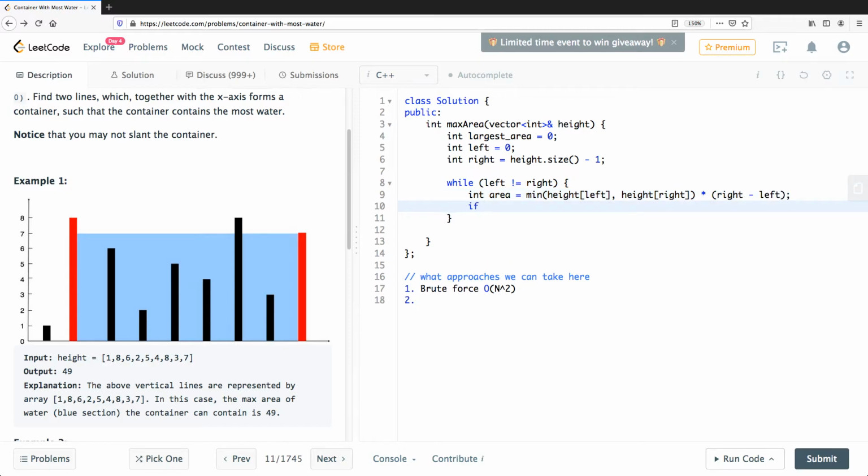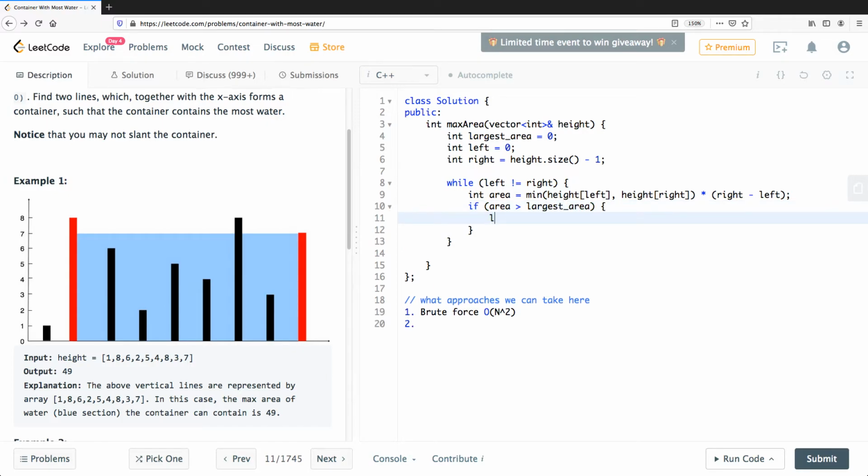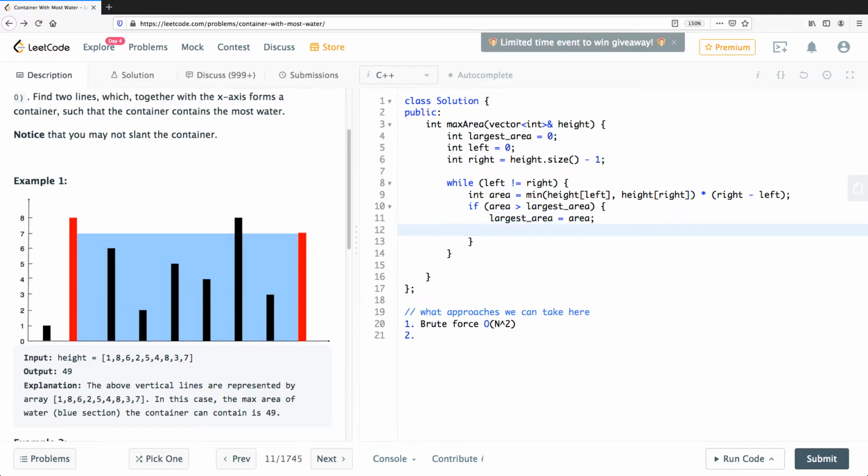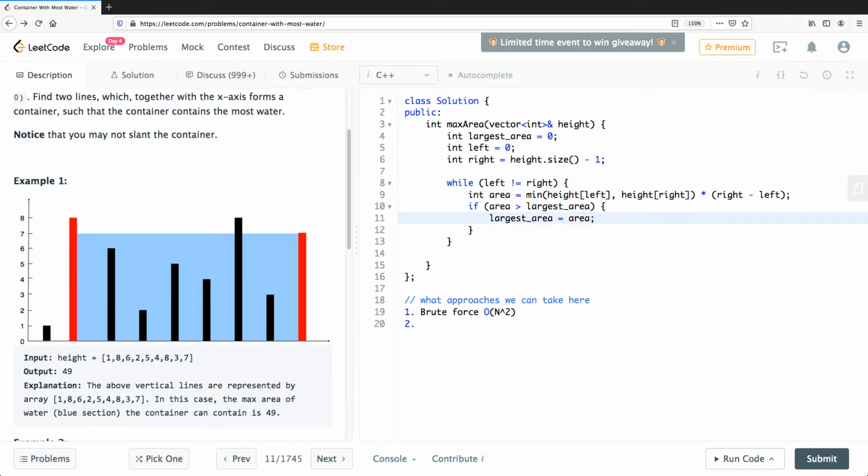Now all you need to do is, if area is greater than largest area, then we reset the largest area to area, and so that part is done. Now all we need to do is move the left and right indices depending upon which one was smaller.